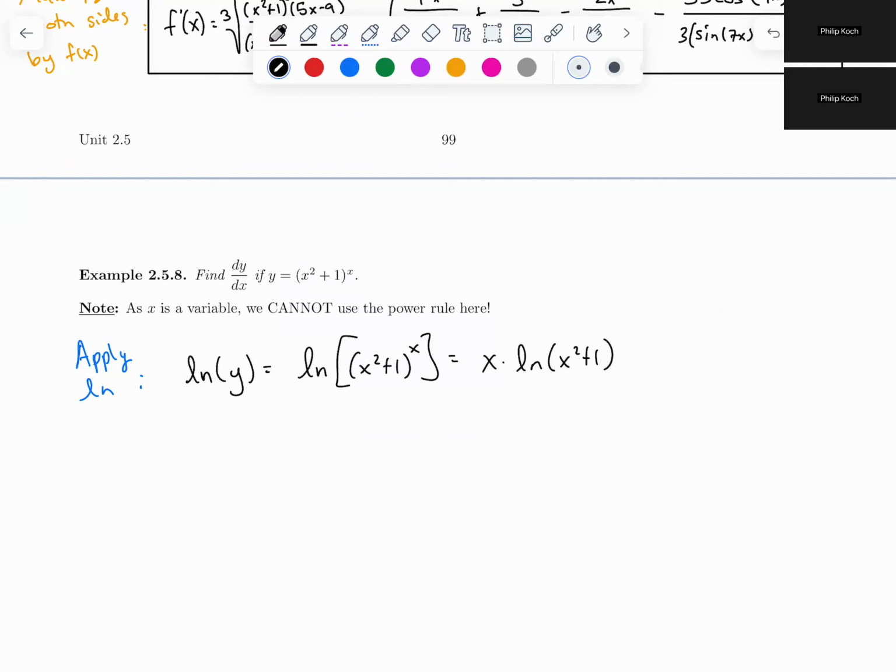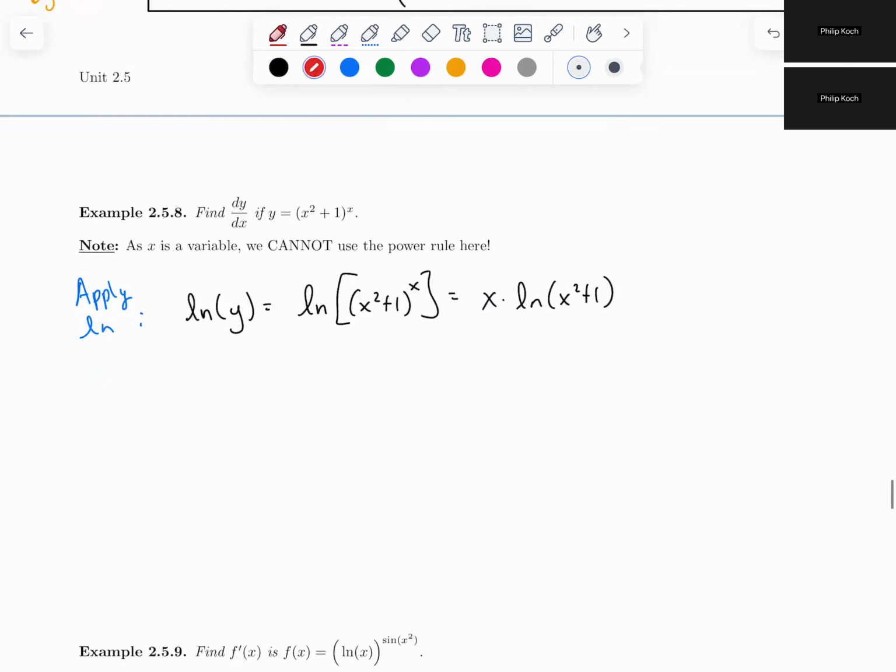So that is something I can work with: x times natural log of x squared plus 1. That's just a product rule with a chain rule inside of it. But it's far more approachable than x squared plus 1 to the x, because I don't have a rule in that format. So then I differentiate with respect to x.